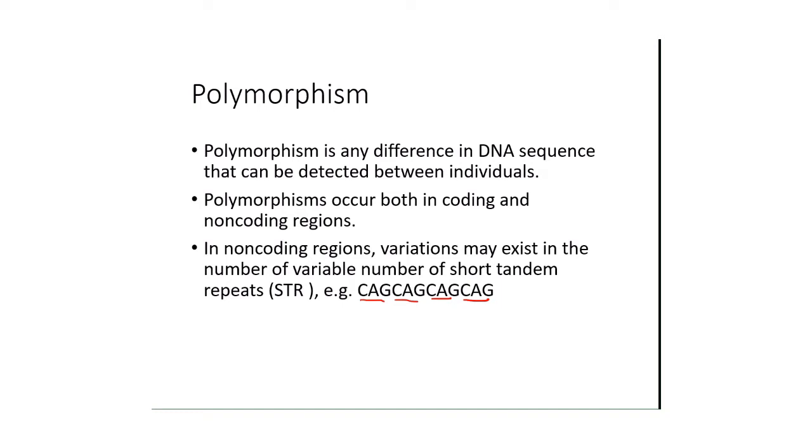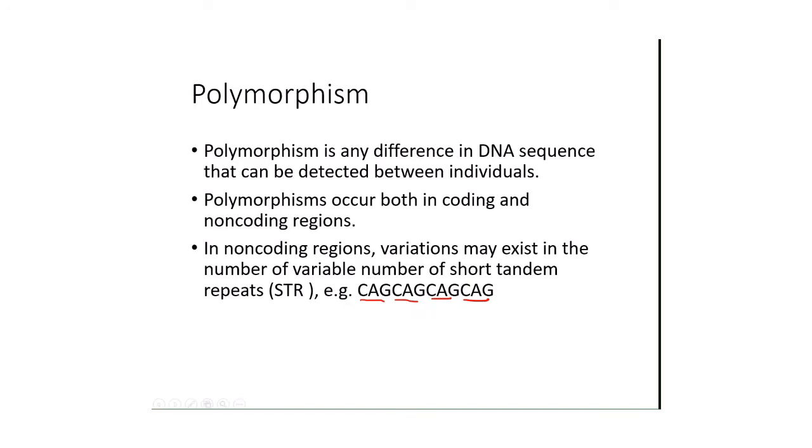It really depends on the location of these STRs, and the number of times it repeats is going to be different amongst different people within the population. The difference is thought to be caused by the DNA polymerase. When the DNA polymerase tries to copy a region with short tandem repeats, it sometimes makes a mistake.